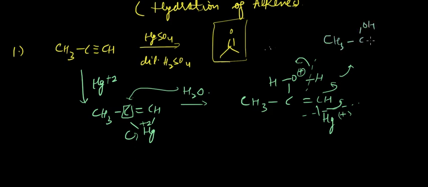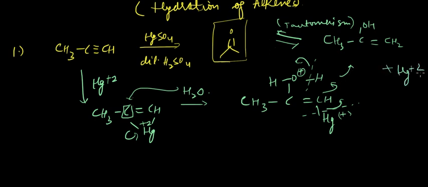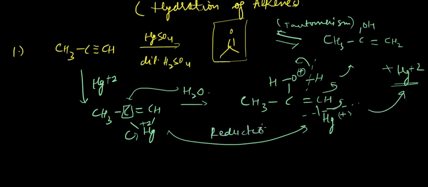We'll get a double bond and CH2 here, which on tautomerism, which I erased here, will give us the ketone form. Obviously Hg+2 would be released. So first reduction of Hg took place and then oxidation. So reduction, then oxidation.